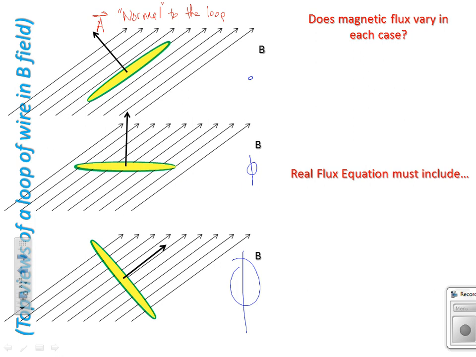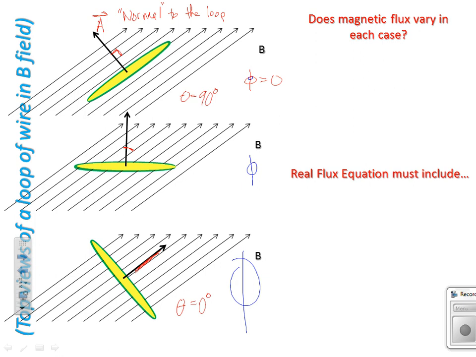All right, so that means that the flux equation really must include something else, where if this angle right here between B and A is 90, then flux is 0. If this angle here is, I don't know, 45, well, we get a certain amount of flux. If this angle here is 0, we get the most possible flux.